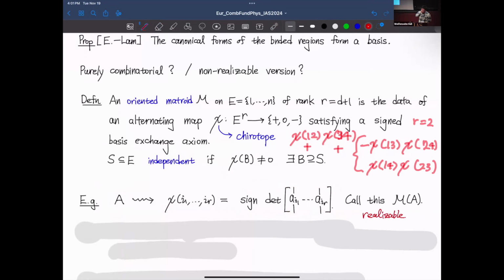And in, say, physical contexts and in many scenarios, you would start with realizable matroids. But sometimes there is a need to look at general oriented matroids, of which there are many, defined in this purely combinatorial way, that provably do not arise from looking at signs of maximal minors.